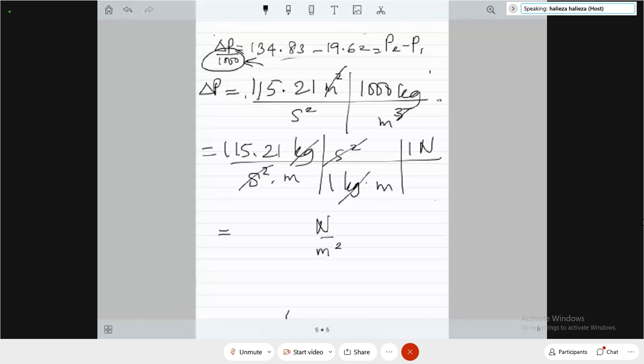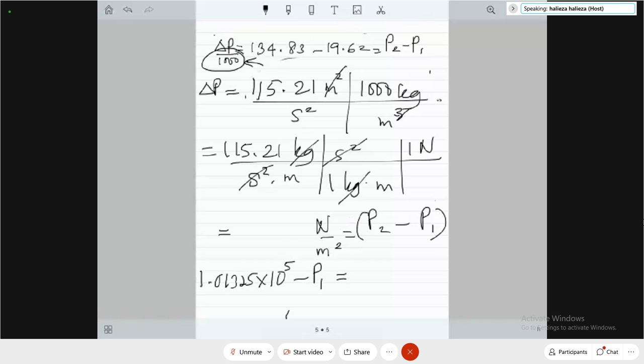And that whole thing is equal to P2 minus P1. You need to find P1. So if you want to find P1, you need to rearrange that equation so that P1 is on the other side. Or it doesn't matter. You just write 1.01325 times 10 to the power of 5 minus P1 equals whatever answer you managed to get for that calculation just now.